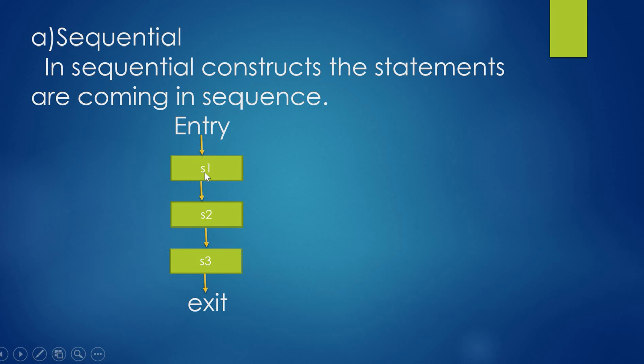Every time S2 comes after S1 and S3 comes after S2 only. There won't be any change in this sequence. It will be the same every time. That is, one entry point, then S1, then S2, then S3, then exit. That is the sequential construct.